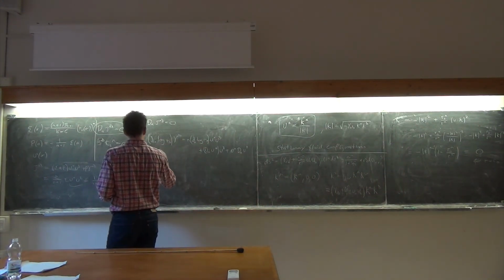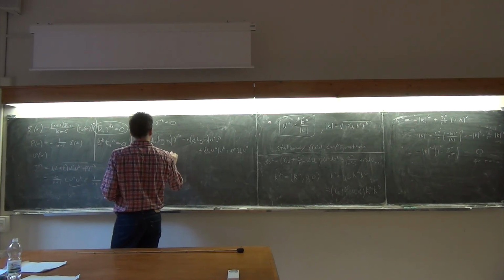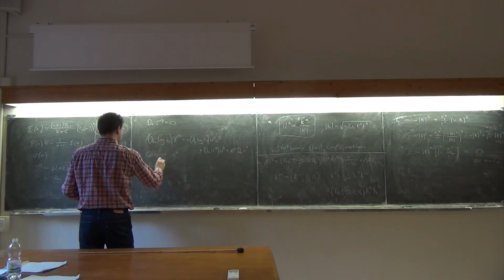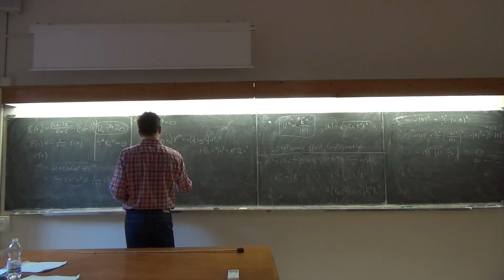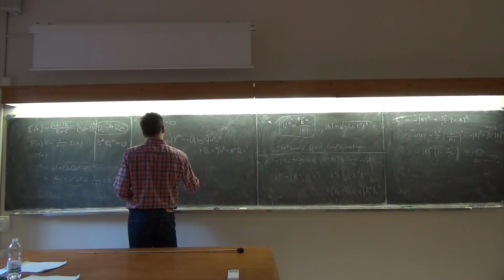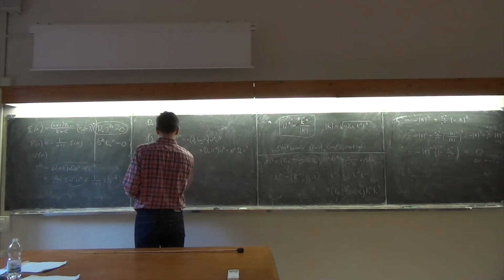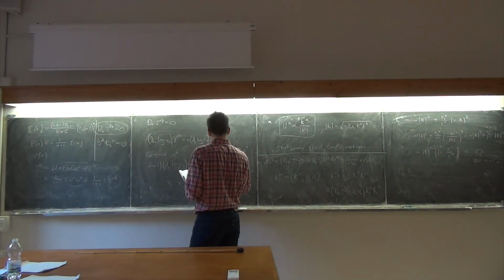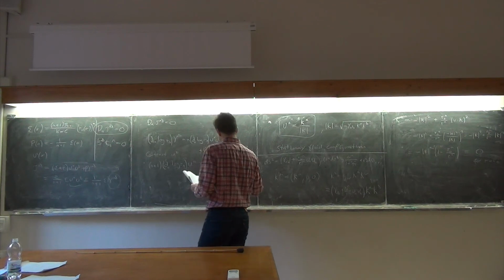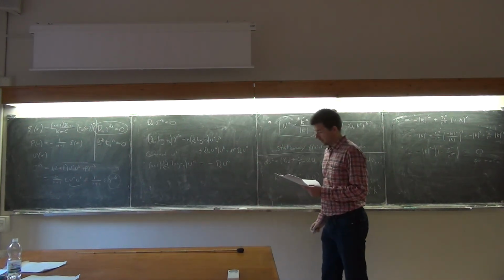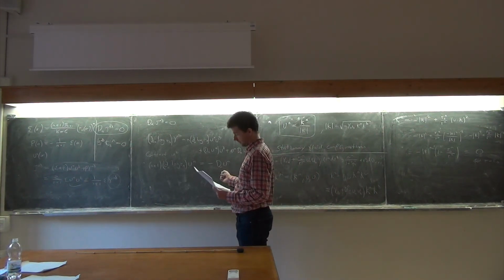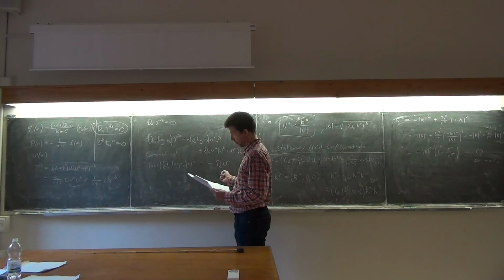Then we can contract this equation with u^b, and then we get another equation like this. And then you can insert this result, let's see, where do we want to insert it?